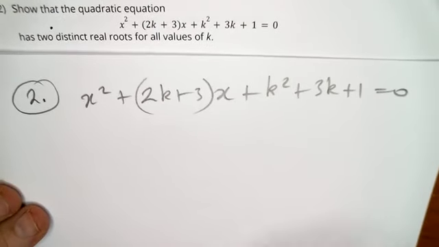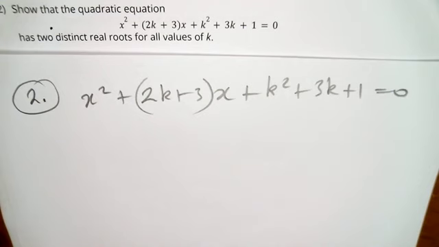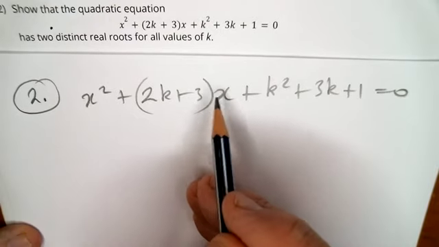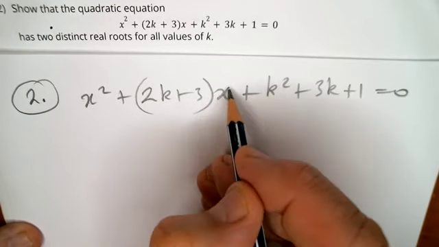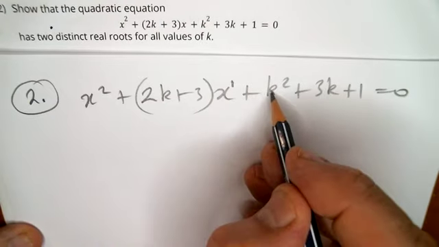And they've been very helpful and actually organized this into coefficients. So really the way to think about this is we've got an x to the power of 2, an x to the power of 1, I'll write that in, and an x to the power of 0. And the coefficient of x to the power of 0 is all of this.